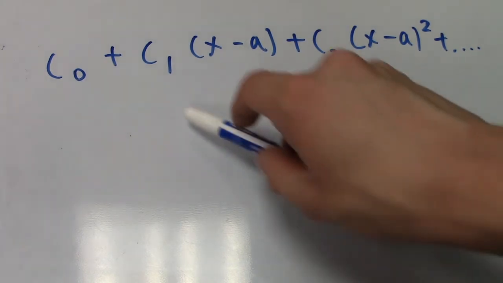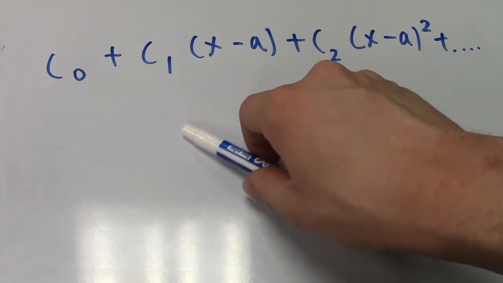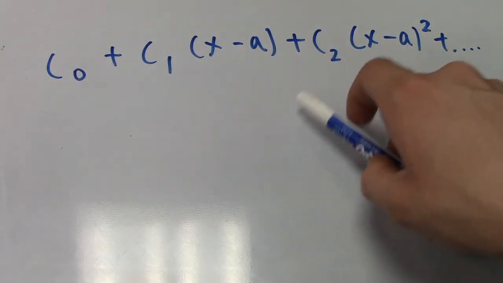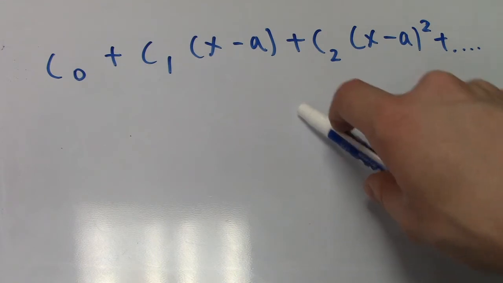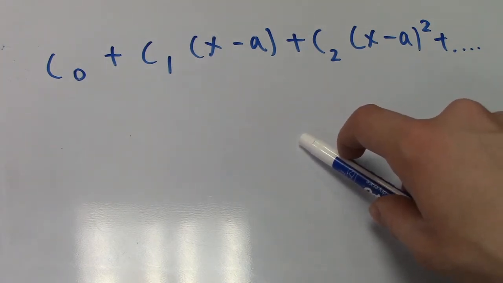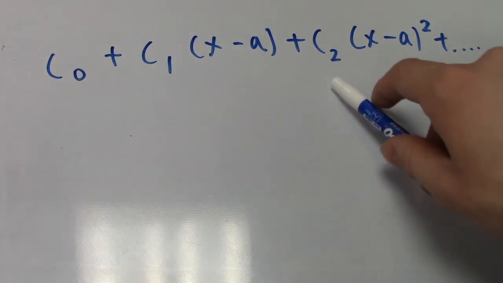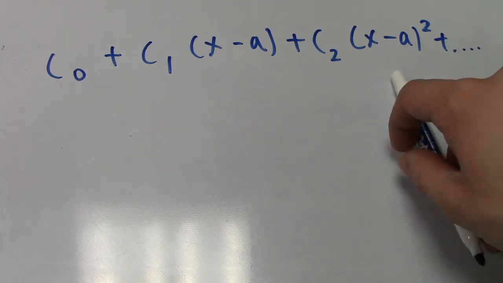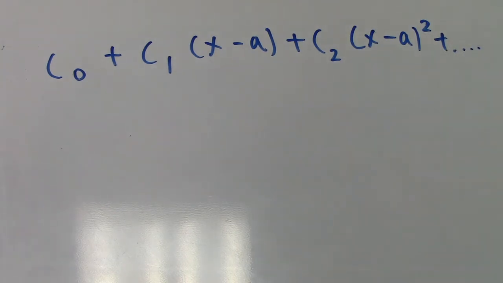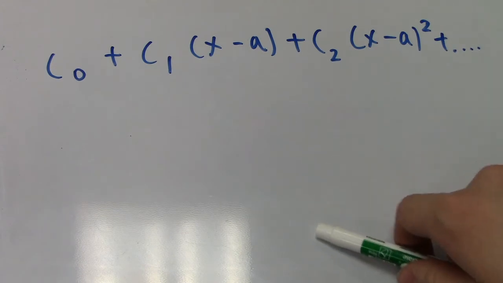Next, we have c sub 1, which is our first coefficient, times x minus a. That is to the first power, but there's no point in writing that exponent. After that, we have our second coefficient times x minus a squared, and then we keep adding on terms like that all the way up to infinity. So this is the expanded form of our general power series.